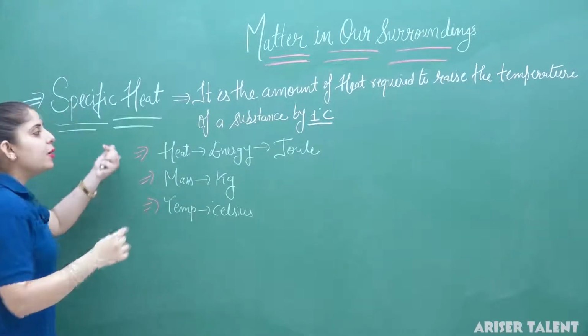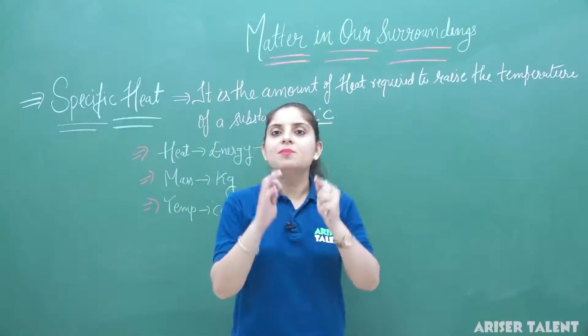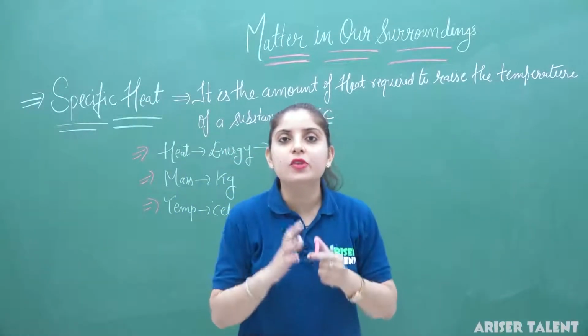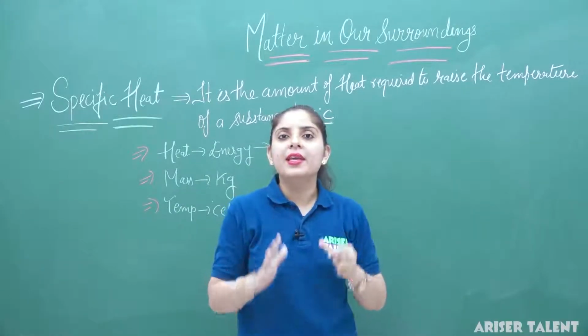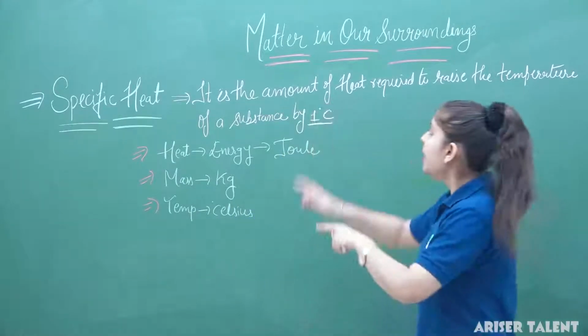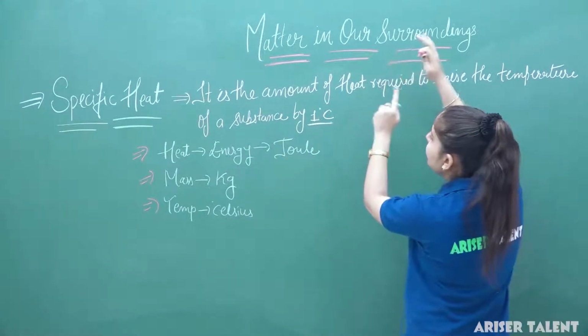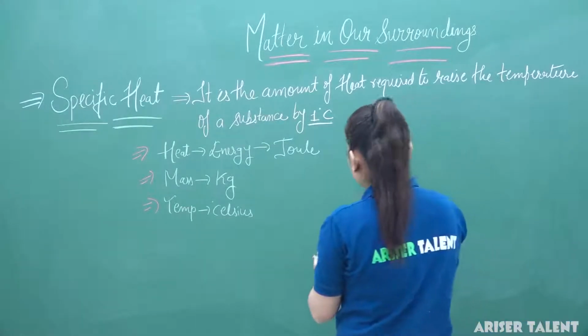So we can conclude the another definition for the specific heat of a substance. The specific heat of a substance in joules is the amount of energy required to raise the temperature of 1 kg of a substance by 1 degree Celsius. It means amount of energy we are required in joules. So I can write one more definition here.